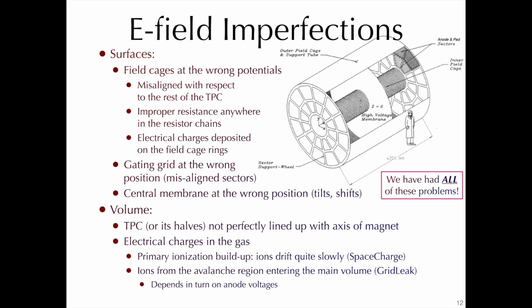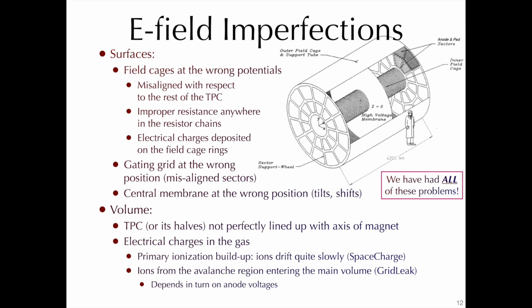The one that wasn't expected was ions in the main volume of the TPC that came from the avalanche region. So I've already said that the gating grid is supposed to block these ions from getting out. And it turns out it does a great job of keeping them from getting out where there is a gating grid. However, I also earlier mentioned that between the inner TPC and outer TPC, there is a gap in the wires, because the wires don't just meet up right next to each other.